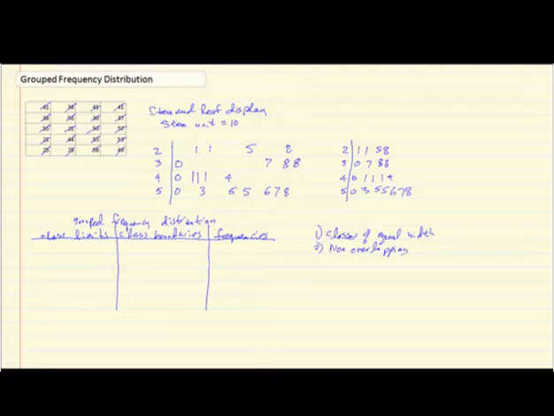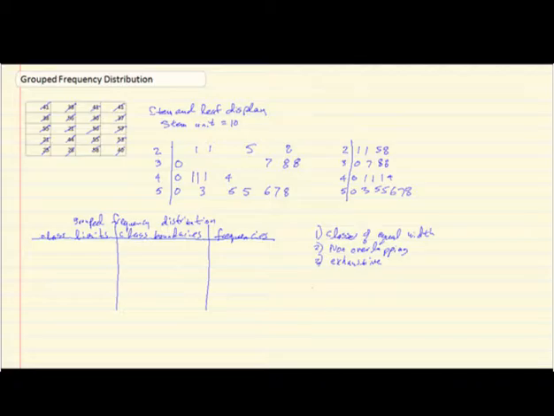In other words, there shouldn't be two classes that any one data value could fit in. Each data value should only have one place to go. And the grouped frequency distribution should be exhaustive. In other words, the entire data set should have somewhere to go in the grouped frequency distribution.